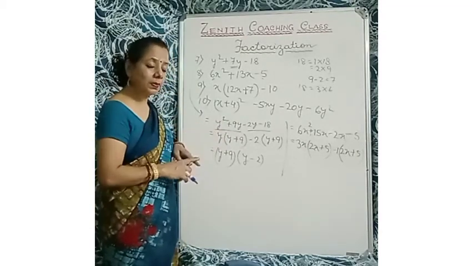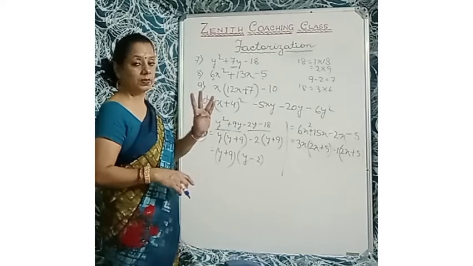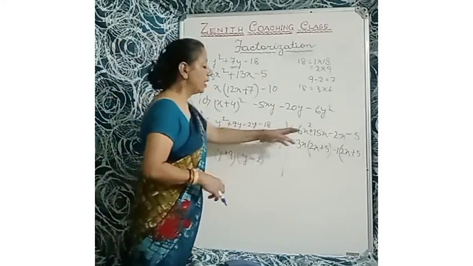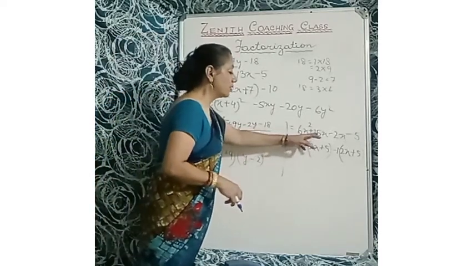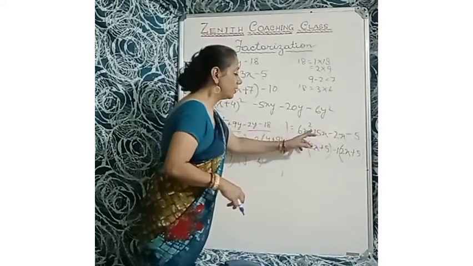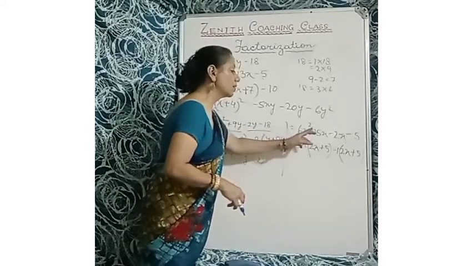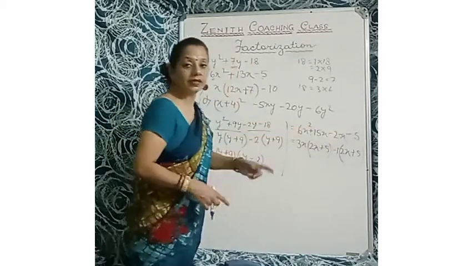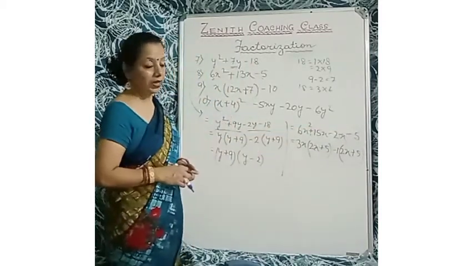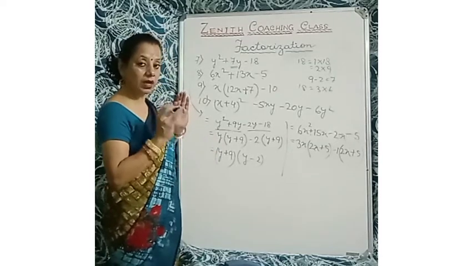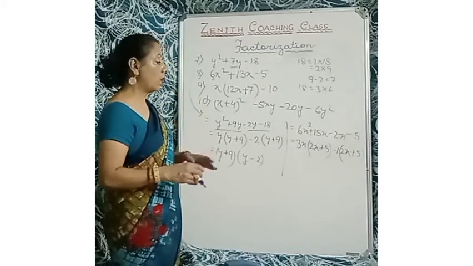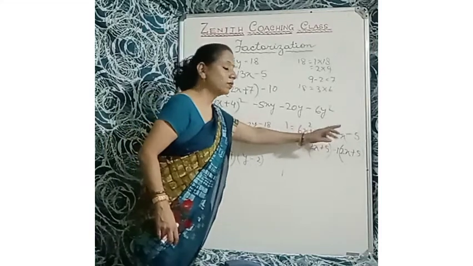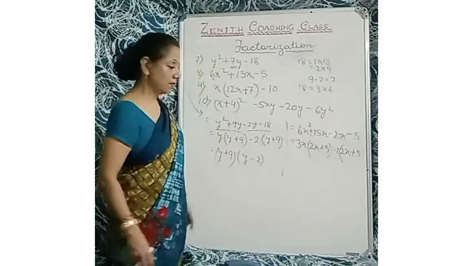And last time I wrote 10x plus 3x. There 6x was plus, 10x was plus, 3x was plus, only 5 was minus. That was why the sum was wrong. So you have to take all the terms plus, or 2 terms plus and 2 terms minus. Mind it always.